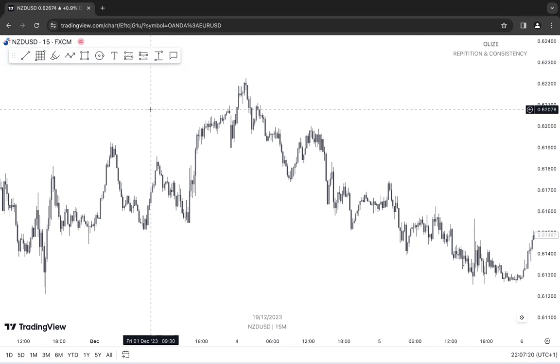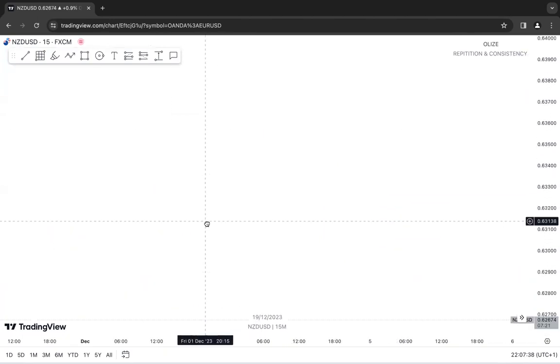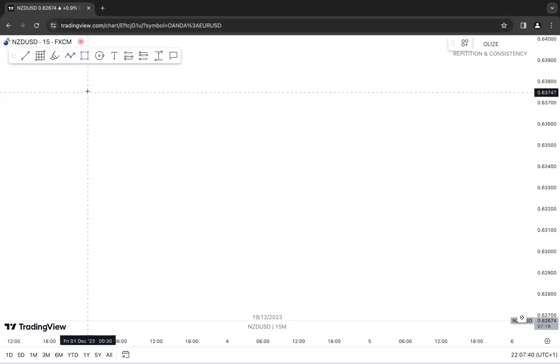I'm talking about the open and close of a candlestick, the wick. Actually, I don't, sir. Okay. So let's briefly go through that before we continue.